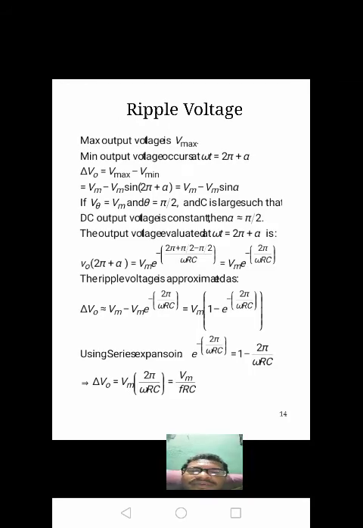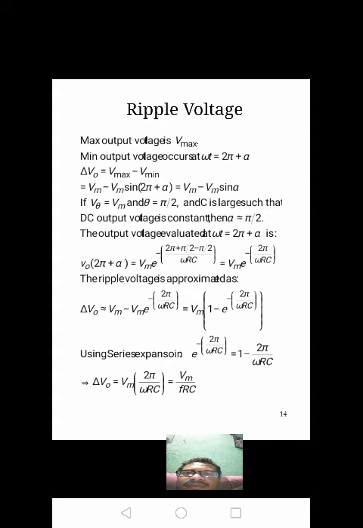Ripple voltage for the RC load condition. The maximum output voltage is Vmax. The minimum output voltage occurs at omega t equal to 2 pi plus alpha. Delta V naught is equal to Vmax minus Vmin, that is Vm minus Vm sin of 2 pi plus alpha, that is Vm minus Vm sin alpha.